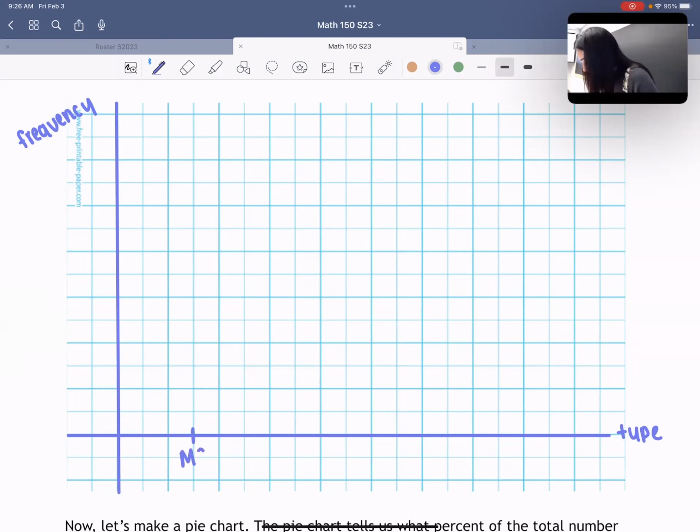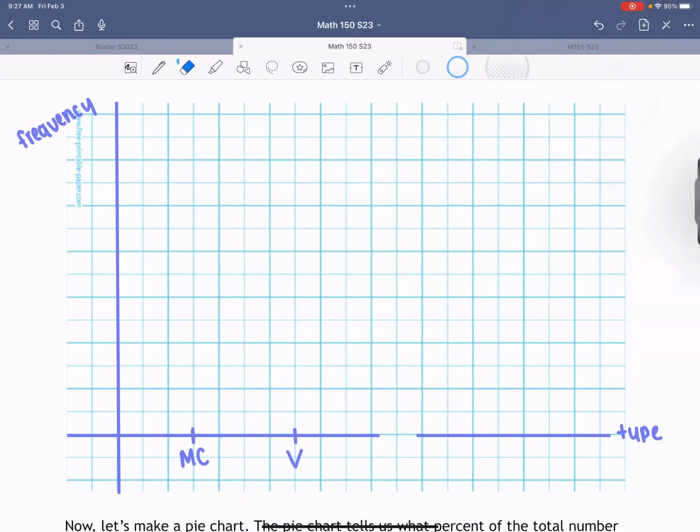That's going to represent MasterCard, okay? I'm going to leave a little space, so I'm going to go 1, 2, 3, 4 over, and that will be my Visa. We've also got American Express. And then we finally have Discover. Okay, so they're very widely spaced apart.